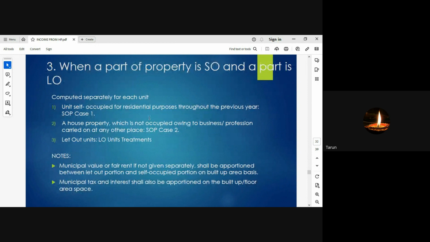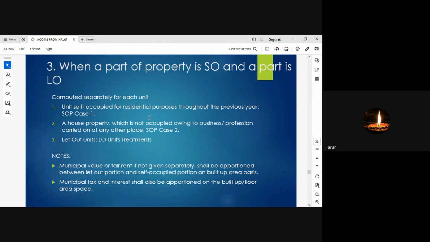Now, when part of the property is self-occupied: you own a property and have constructed a building on it, and you let out some part of the property while you self-occupy the other part. So how will you estimate the income from such property?